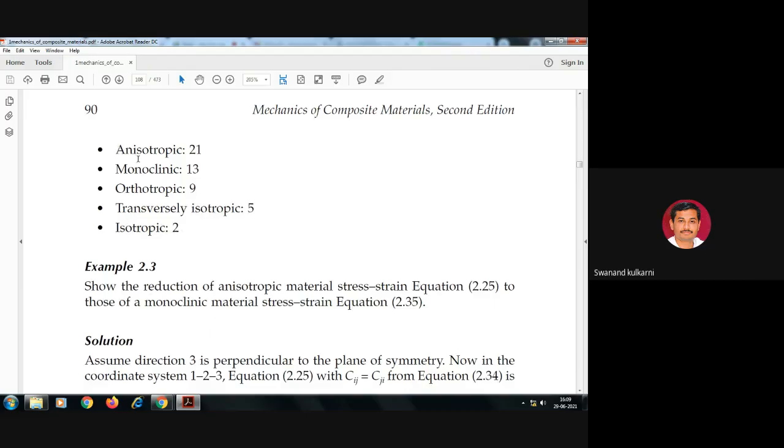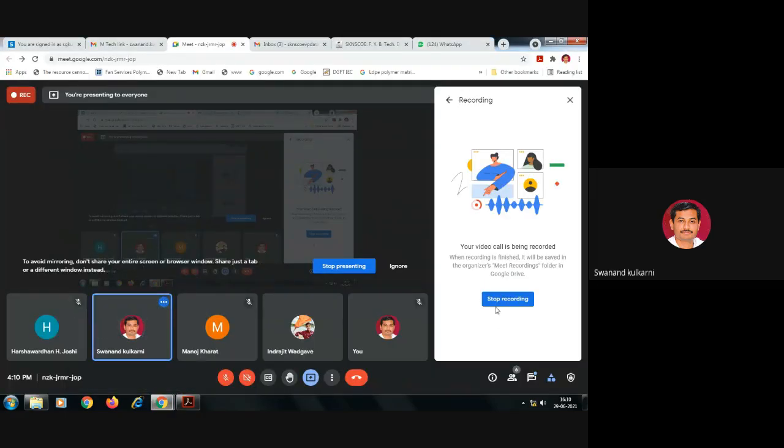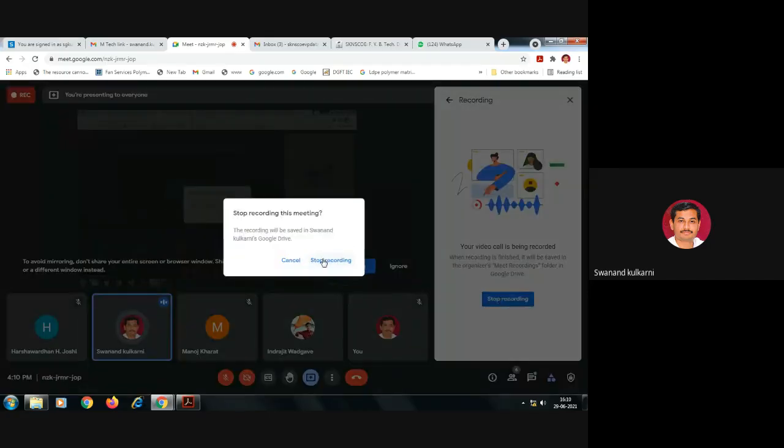Based on that behavior, the relationship between stress and strain will get established, and that relationship will represent which type of material it is.